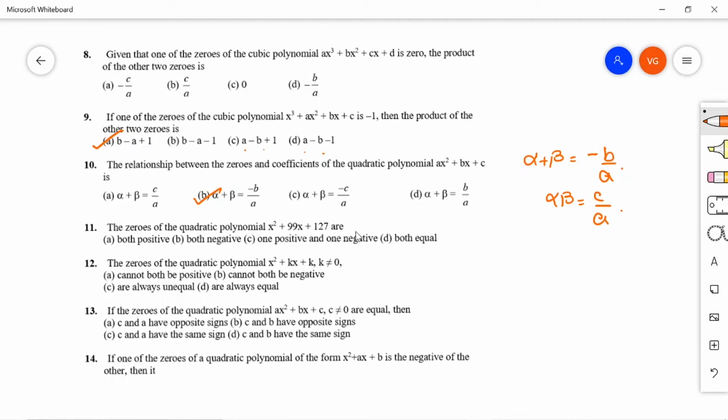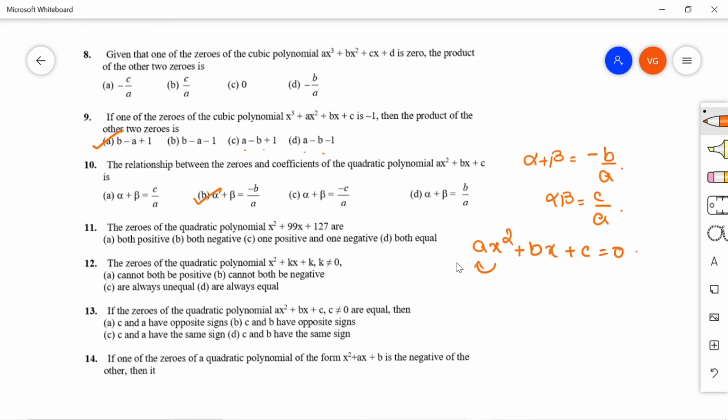Question number 11. The zeros of the quadratic polynomial x square plus 99x plus 127 are both positive, both negative, positive and negative, both equal. See here, compare this with the standard form ax square plus bx plus c is equal to 0.